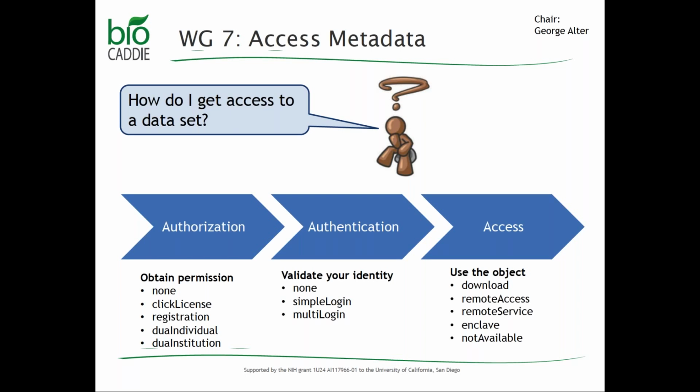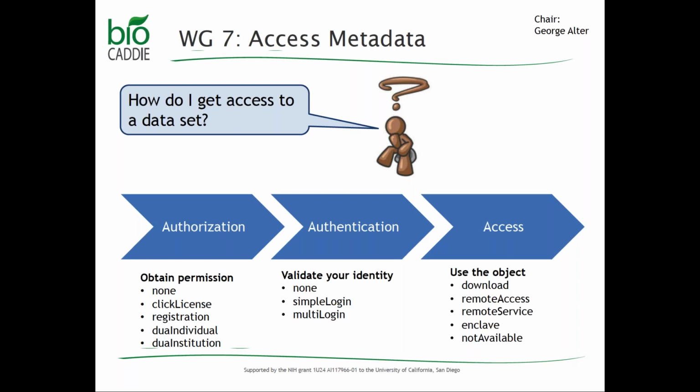And why is accessibility important? Because we do not want to limit ourselves to public data only. We know that there are several very valuable data sets that are under access control, and users should know that they exist, and then know also the conditions by which they could be accessible. So privacy is very important to us.